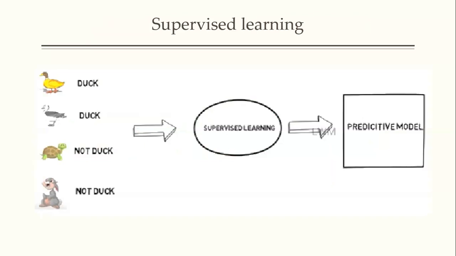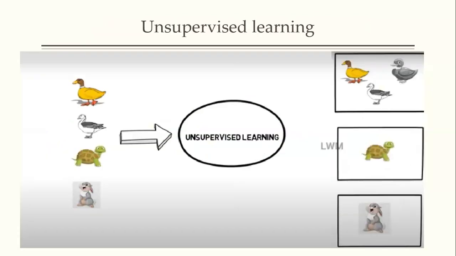We want to identify the duck, so we train the machine using different duck images and tortoise images, or any images that are not similar, and we name those as not duck. Then after supervised learning, it becomes the predictive model. If we give some image, it will compare with this and tell whether it's true, giving duck, or it will show something else that is unwanted.